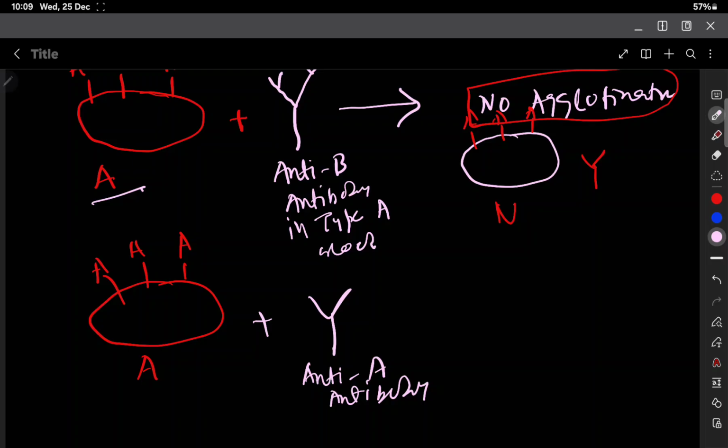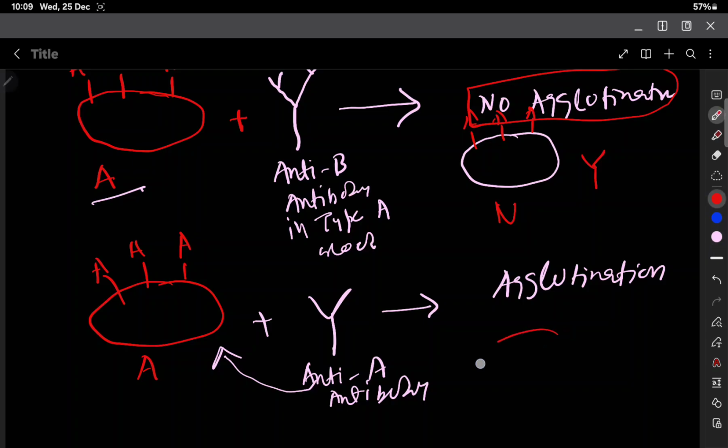Anti-A antibody means this antibody will react with the antigen A. So here there will be agglutination, meaning they both will combine together. This is the RBC, it has antigen A, and here there is an anti-A antibody.